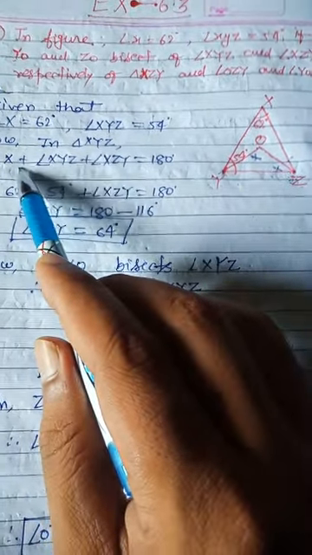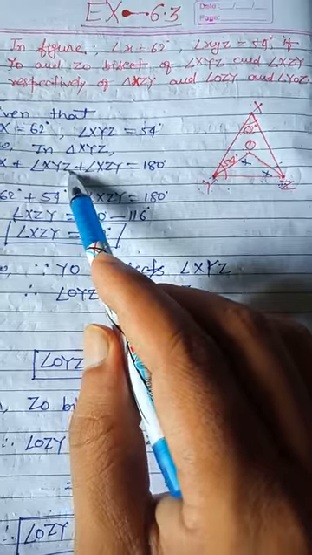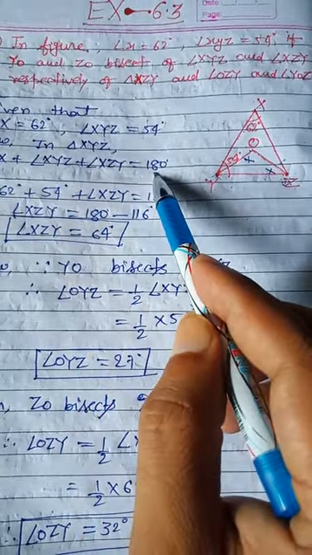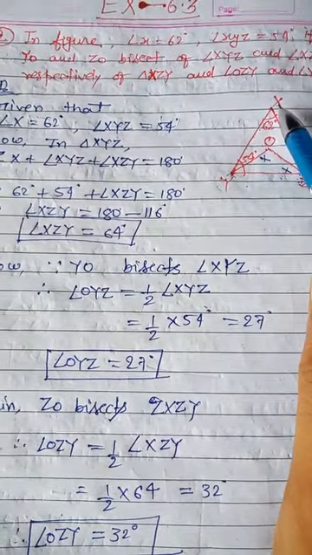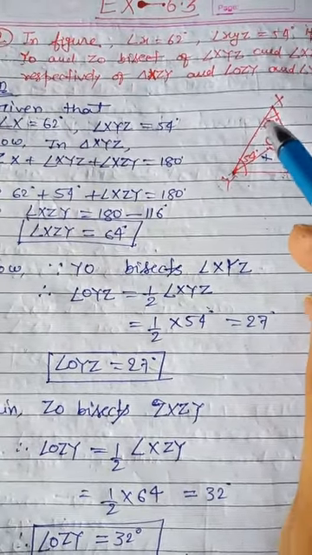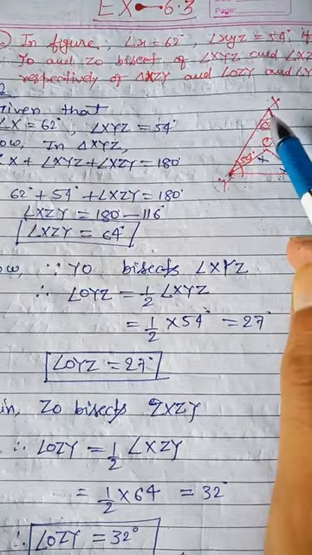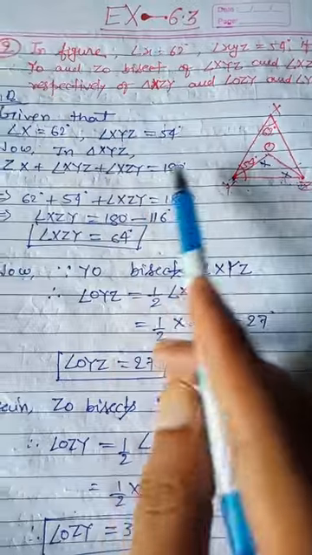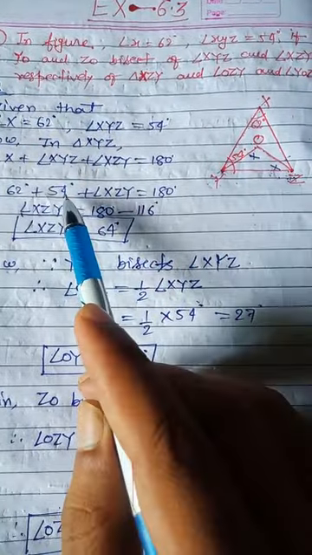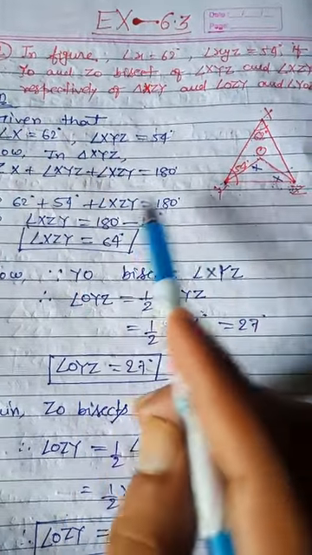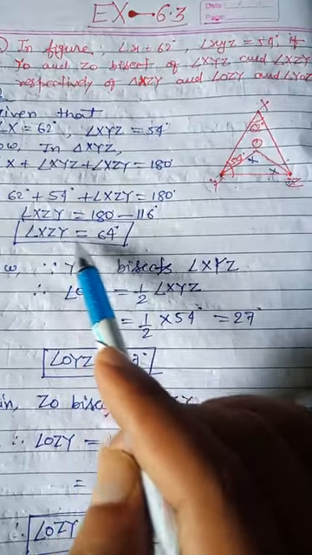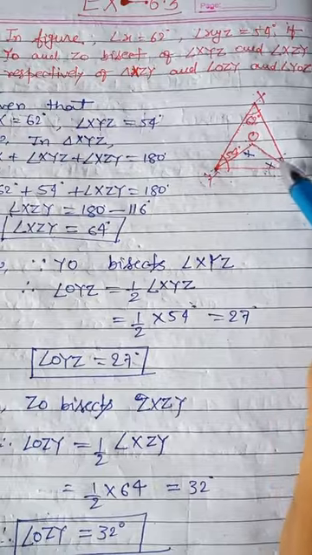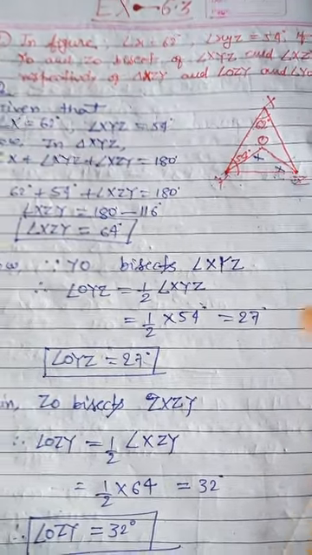Angle X plus angle XYZ plus angle XZY is equal to 180 degrees according to the angle sum property of triangle XYZ. The value of X is given as 62 and the value of XYZ is also given as 54 degrees. So we can find the value of XZY, and the required value of XZY is 64 degrees.